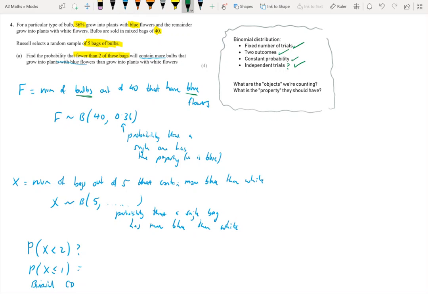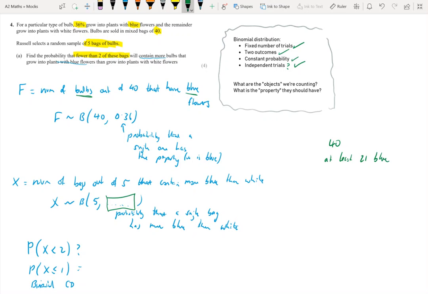Okay, so we've got this gap here, this probability that a single bag has more blue than white. Well, remember, there are 40 in a bag. So 20 blue is not enough because there'll be the same number of blue and white. So we want at least 21 of them to be blue.